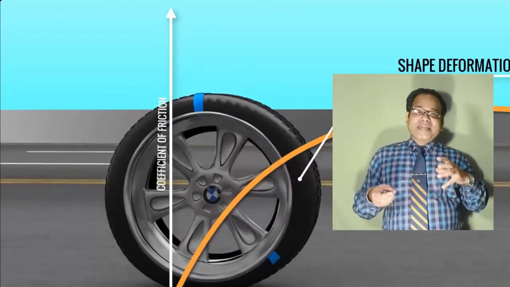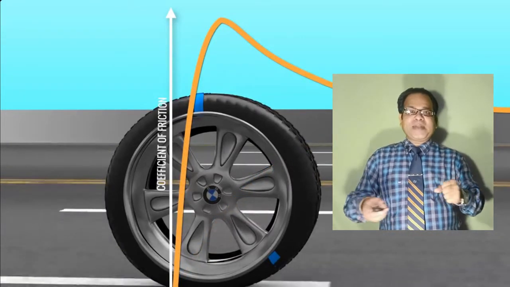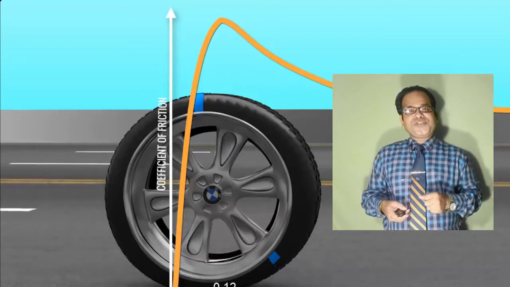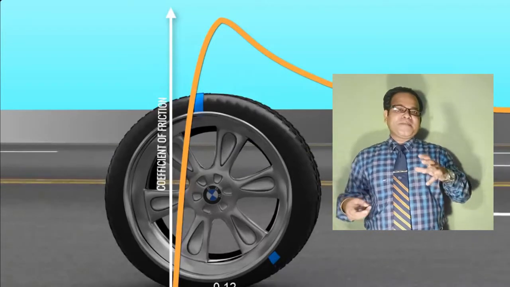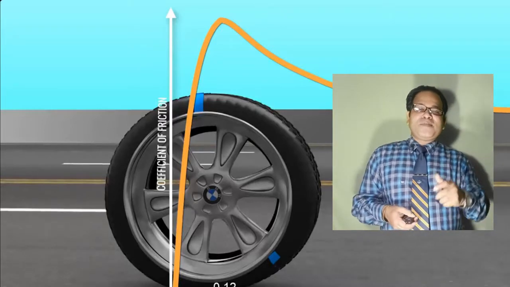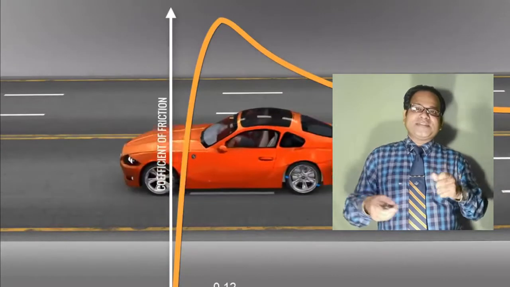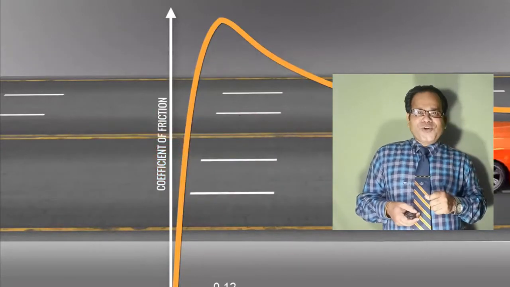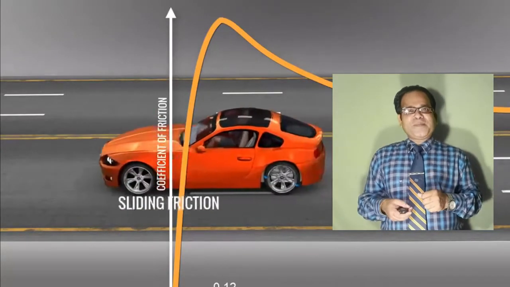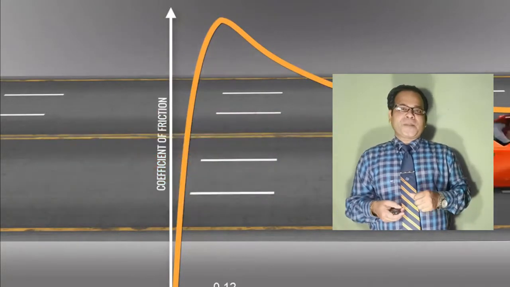Since rubber is a very complex material which has a strange behavior during braking, the frictional coefficient varies during slipping and braking, and it has a peak value at about 12% slip ratio. In a car with no ABS, during braking, the frictional force comes predominantly from sliding friction.